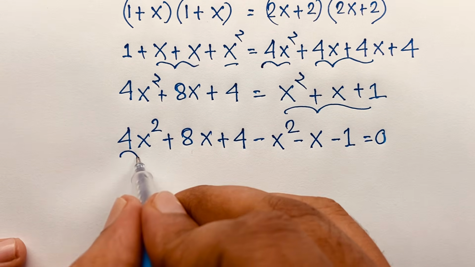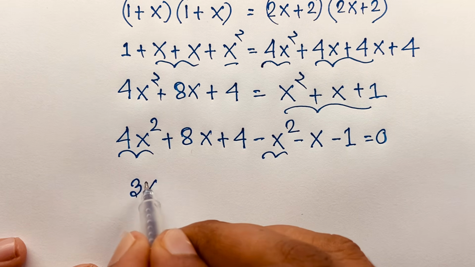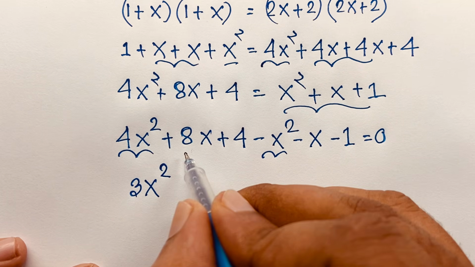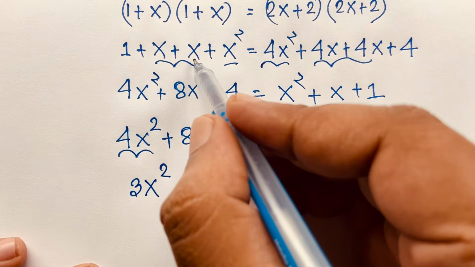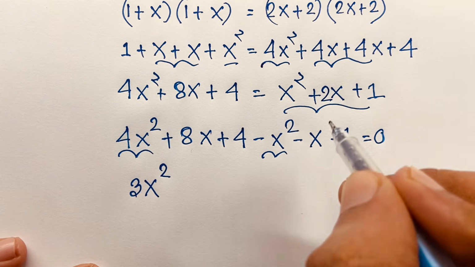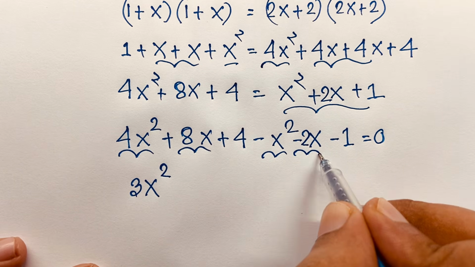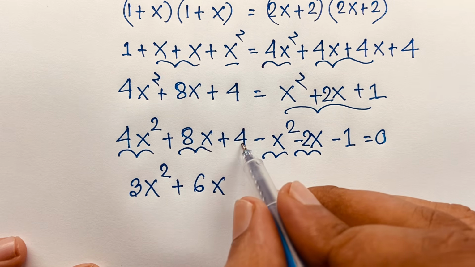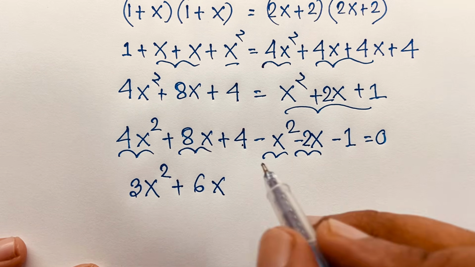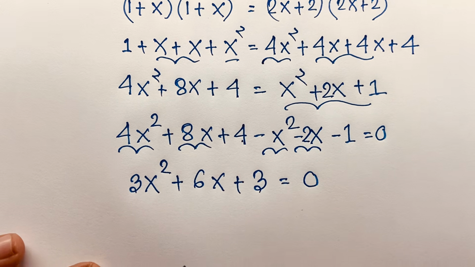Now this minus this will be 3x square, then 8x, and x plus x is 2x, so 8x minus 2x is 6x, and 4 minus 1 is 3, is equal to 0.